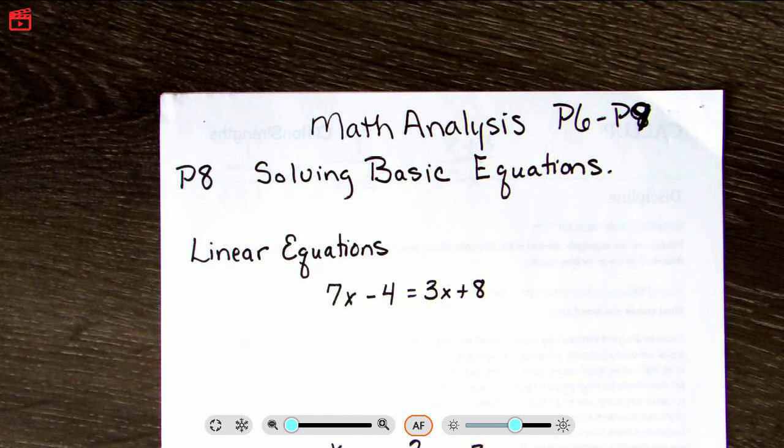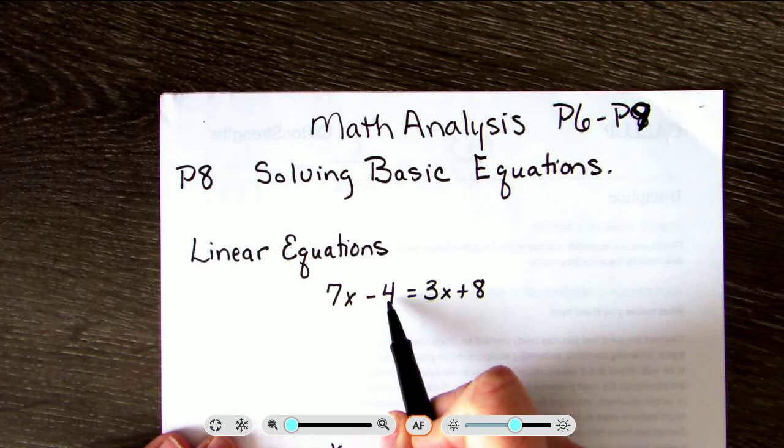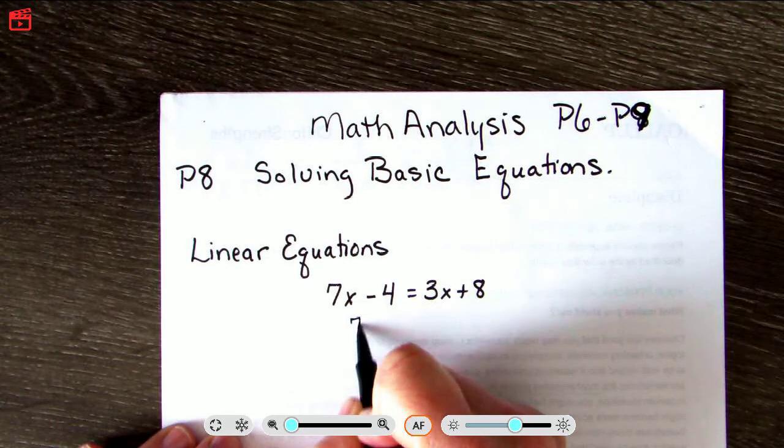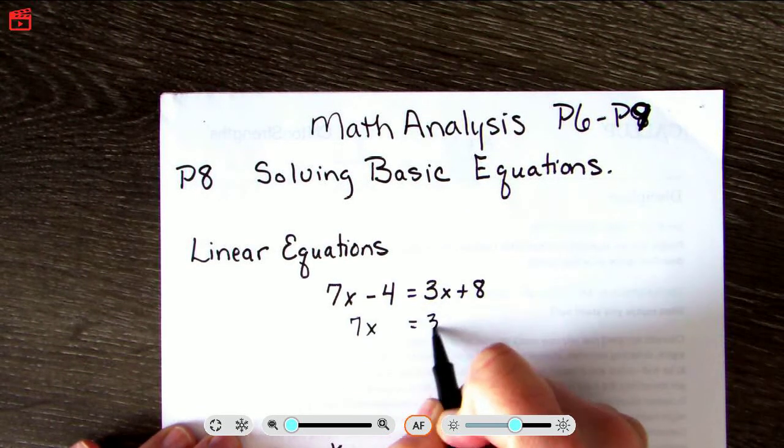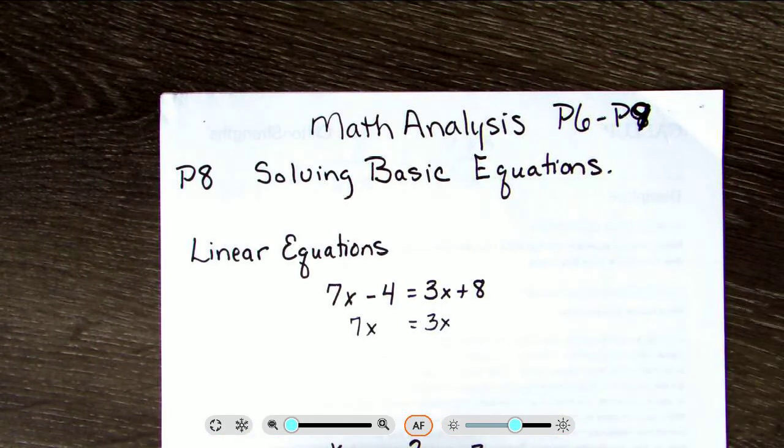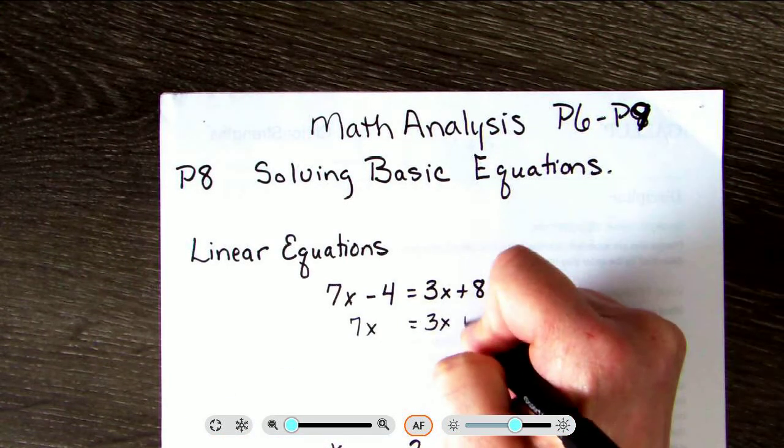So I'm not going to write down all of my little steps, but I will talk through them. My first step is I'm going to add 4 to both sides. So I'm going to add 4 to this, which will get rid of that minus 4. And adding 4 to this side is going to be adding to that 8 to make it a 12.